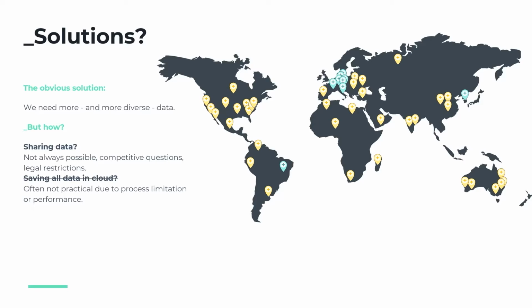What are the problems? We can't share data. If you ever did a project with hospitals, you will realize it's super hard to get access to their data. You have to go through a lot of reviews and a lot of negotiation, so if you want to get 60 hospitals all over the world together, you're talking about years of talking.